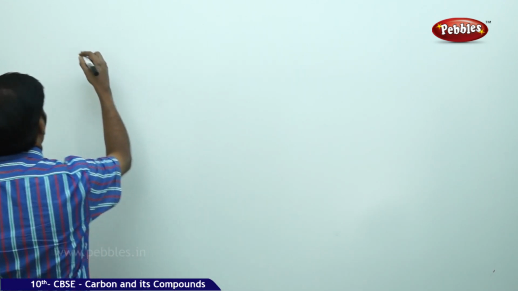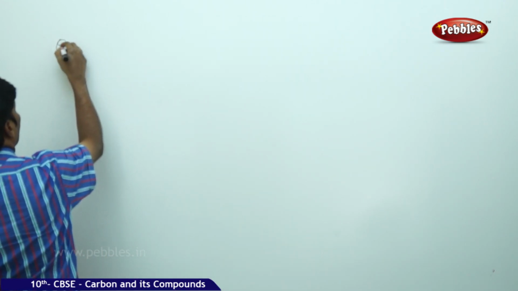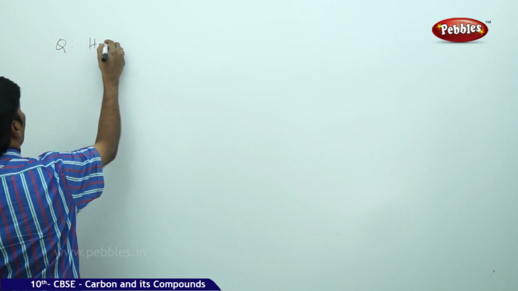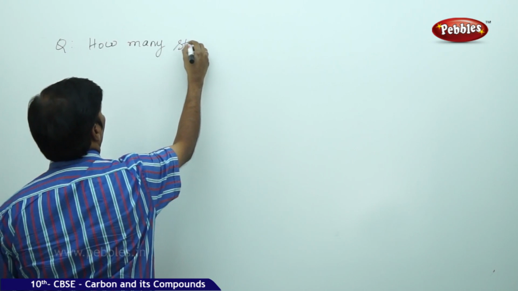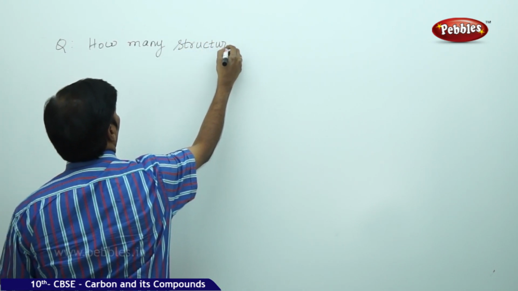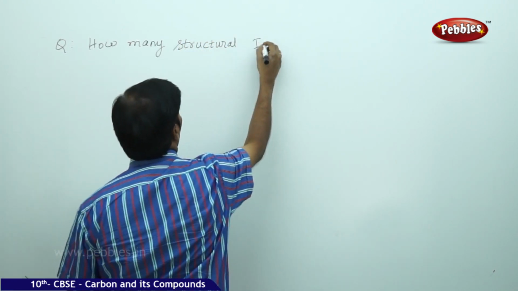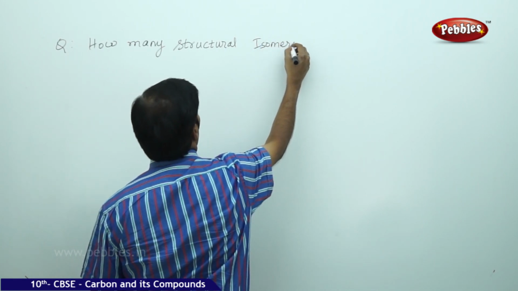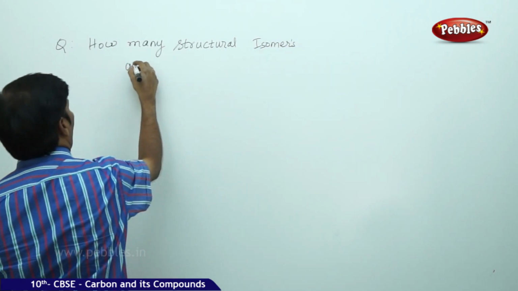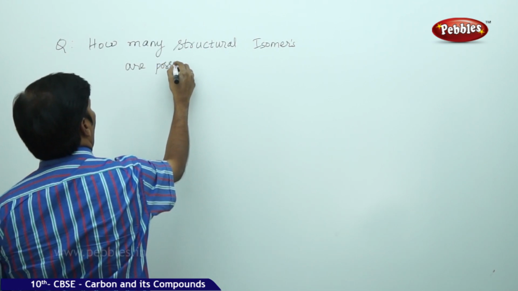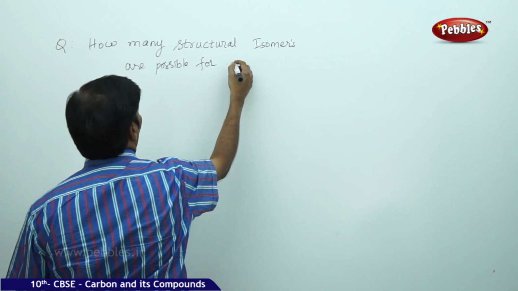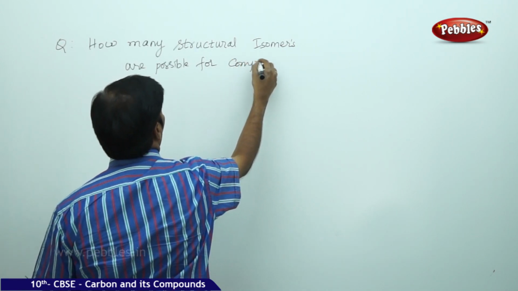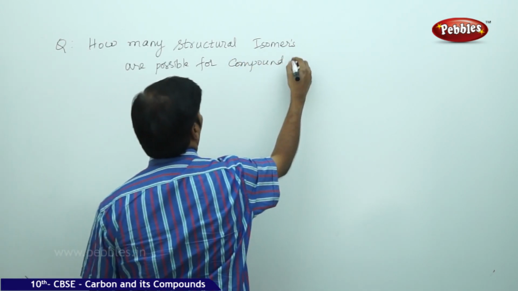The question is, how many structural isomers are possible for the compound pentane?